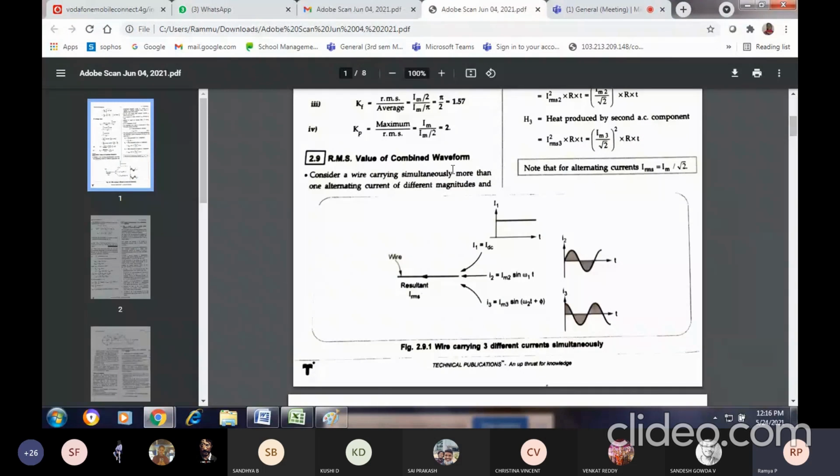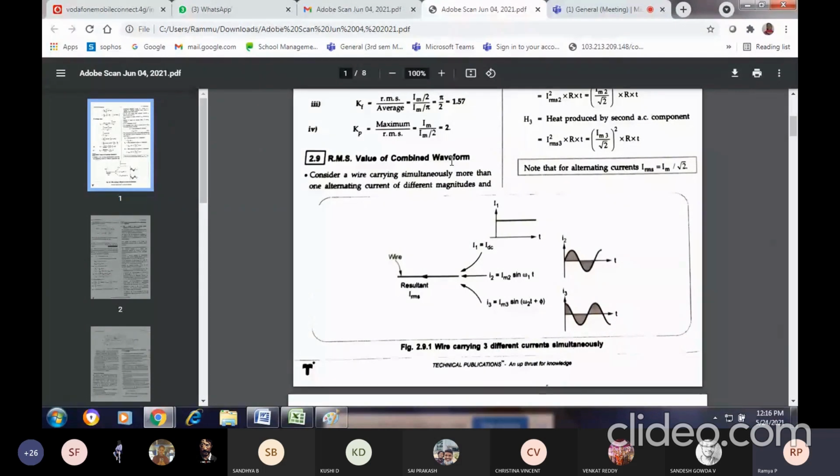See, the topic is RMS value of combined waveforms. Here I am going to consider one wire, which will be carrying more than one alternating current. More than one current means it can be of DC type or AC type.